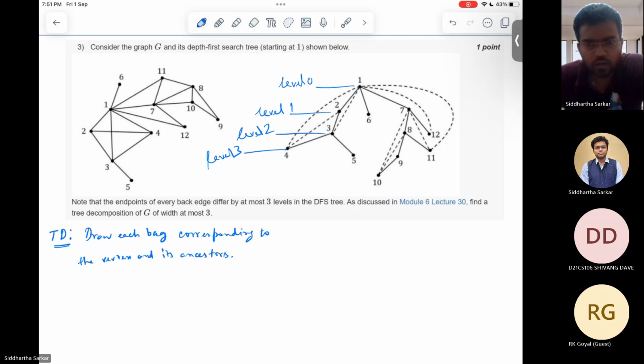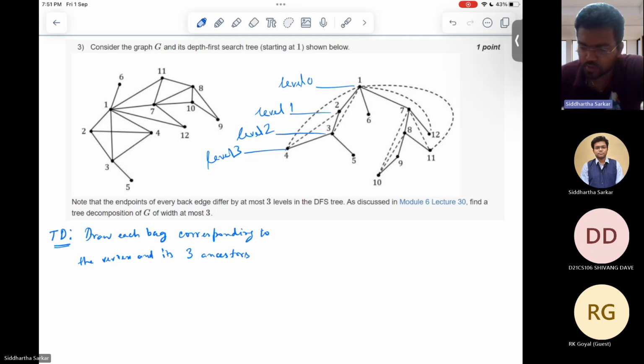Ancestors in the sense of three ancestors. I'll just quickly draw it.